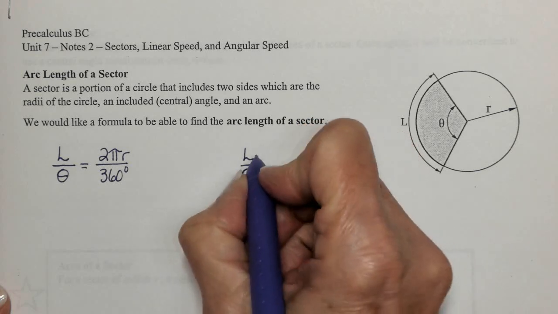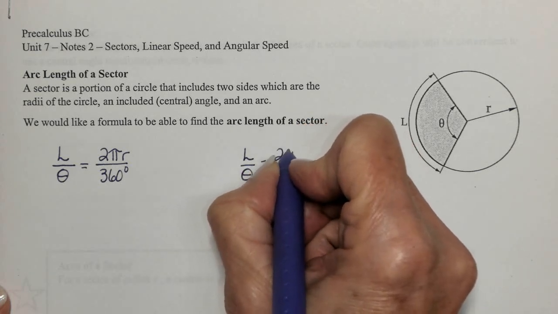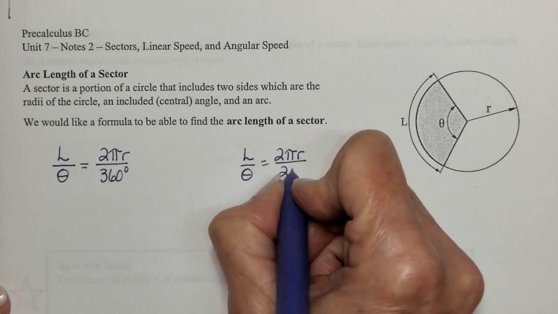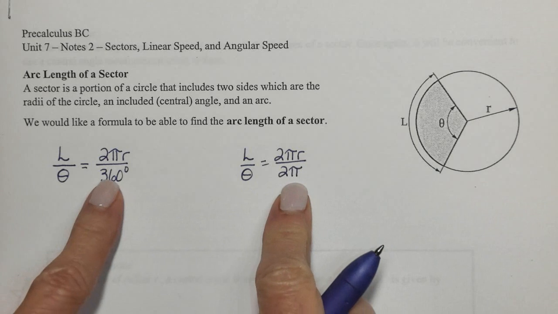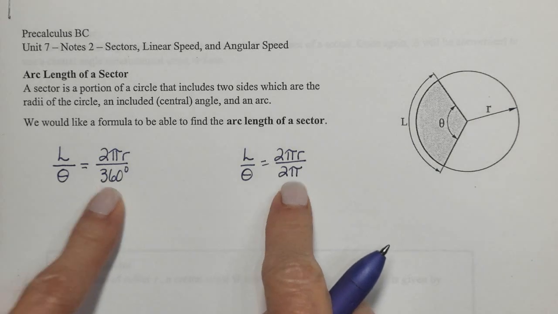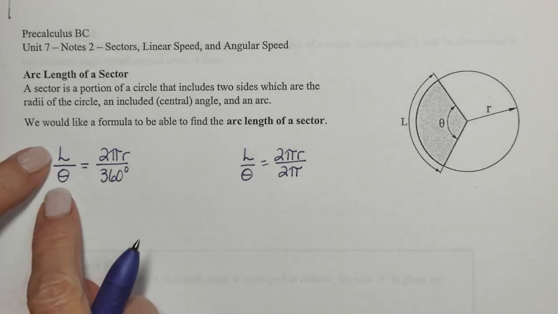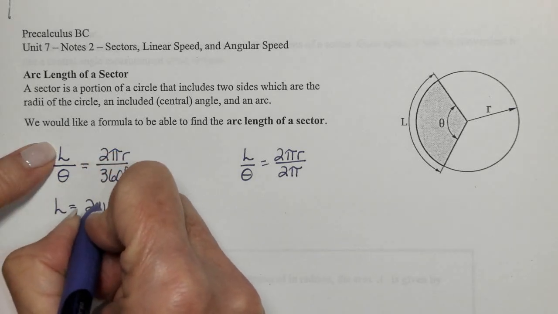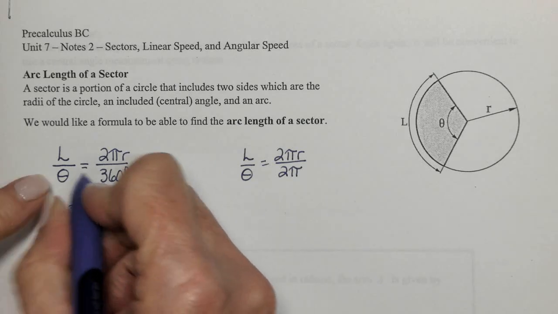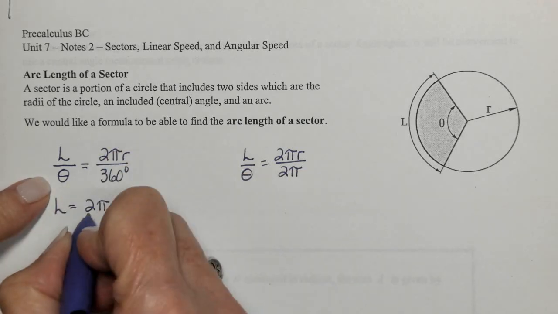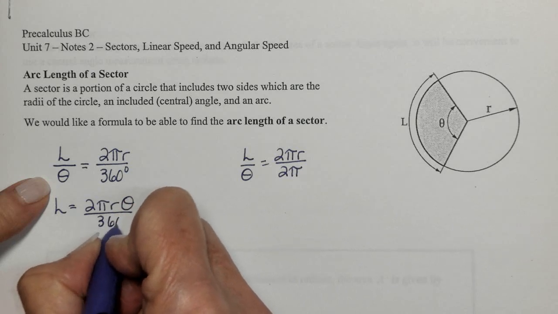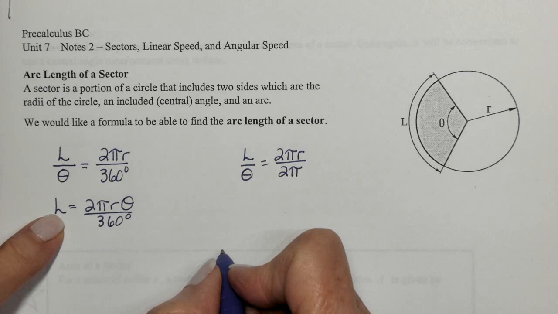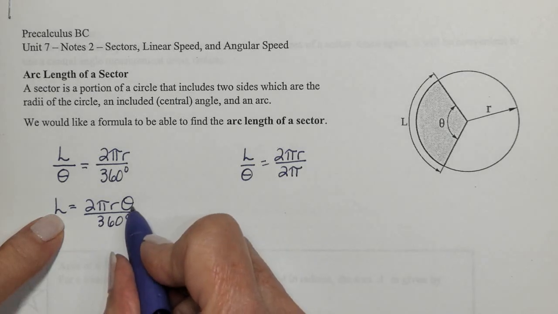So L over theta is 2 pi r, that's the circumference, divided by 2 pi radians, because 360 is 2 pi radians. If I solve this for L, I would have L is equal to 2 pi r times theta, multiplying both sides by theta, divided by 360 degrees. That's our formula for the arc length if theta is in degrees.